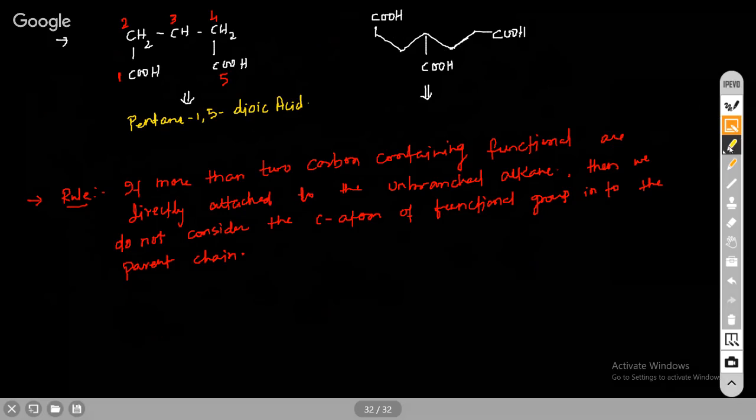If you consider this compound, according to this rule, we have three functional groups directly attached to the unbranched alkane. We will not consider this carbon into the parent chain, right? So now in this, the numbering will be what? Either you can start from this side or this side. Both sides, the position of this is the same, that is 3 only. So it won't matter wherever you start the numbering. Suppose I start the numbering from here: 1, 2, 3, this is 4, and this is 5. Right?